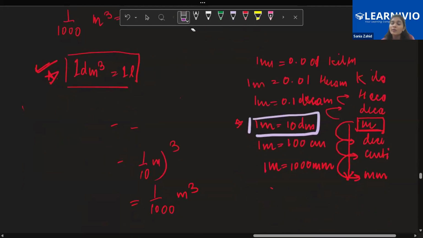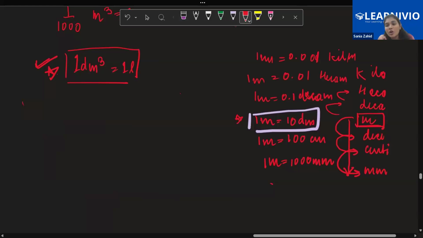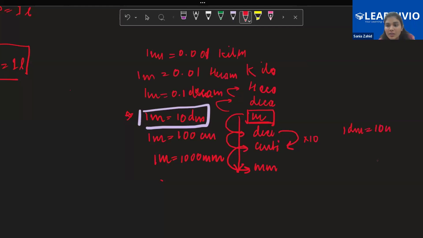Now come to centimeter cube and liter. So now children, again from this only we will try to convert into centimeter. 1 decimeter has how many centimeters now? See, decimeter to centimeter I have to go. So this is decimeter. From here I have to go here. So I will multiply with 10. So that means 1 decimeter has 10 centimeter.